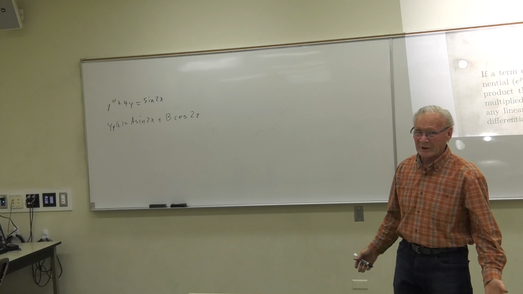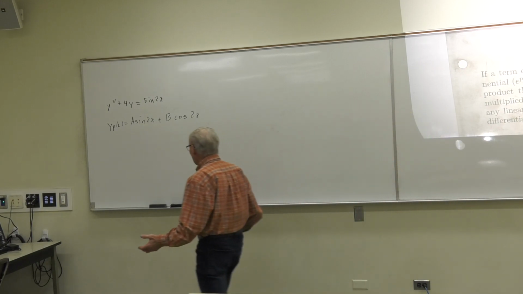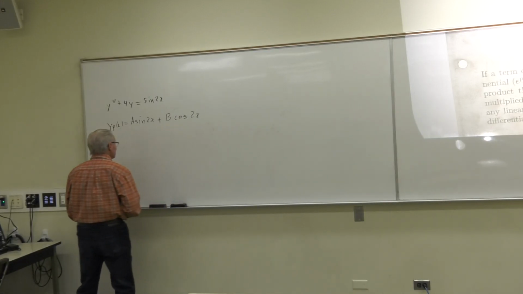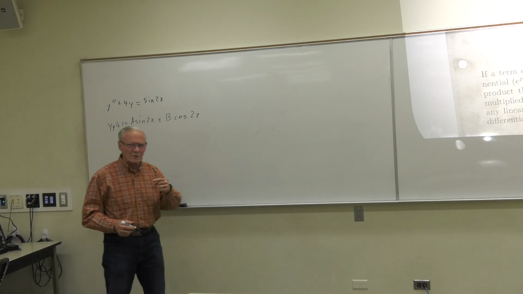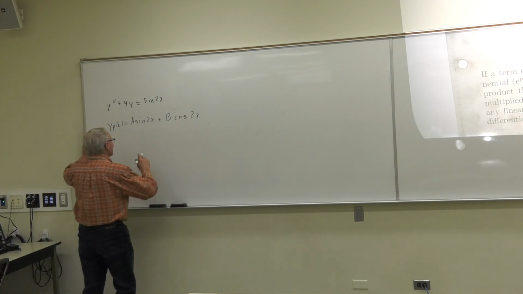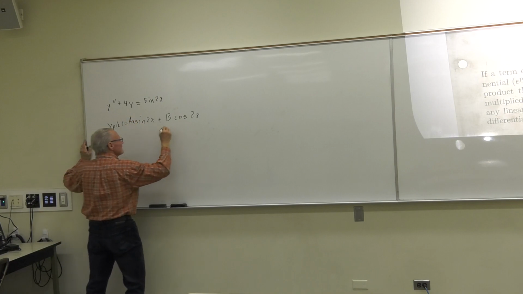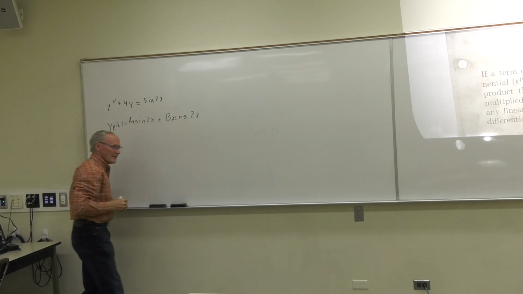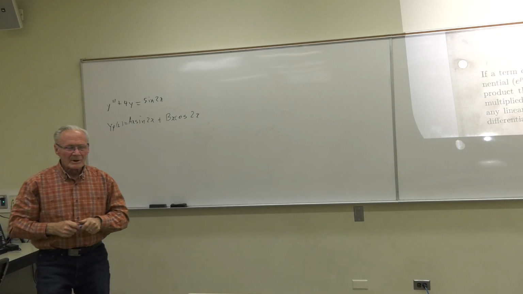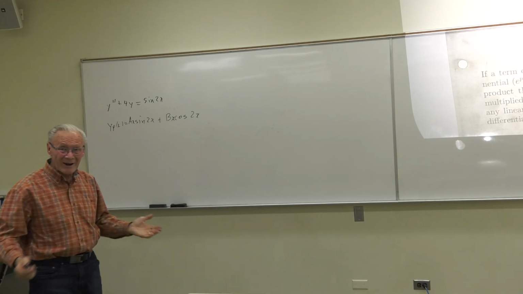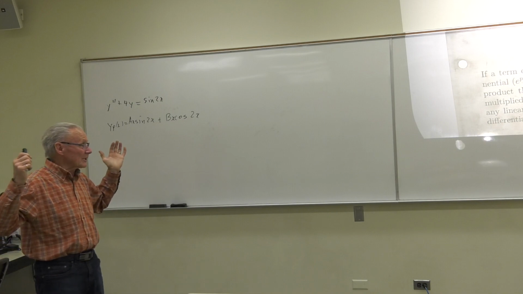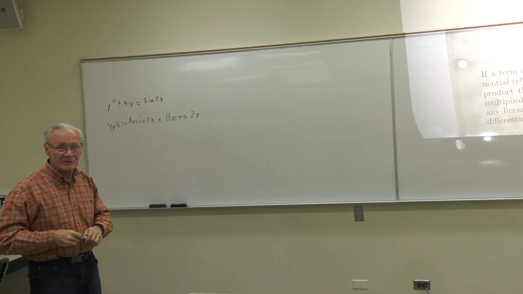It's got to be these tricky guys, because you've got to end up with sine 2x. Well, if I thought about the homogeneous stuff, maybe you need an x in here. Maybe you need an x in there. Now, I can only find out by trying. If it works, great. If it doesn't work, I'll try something else.